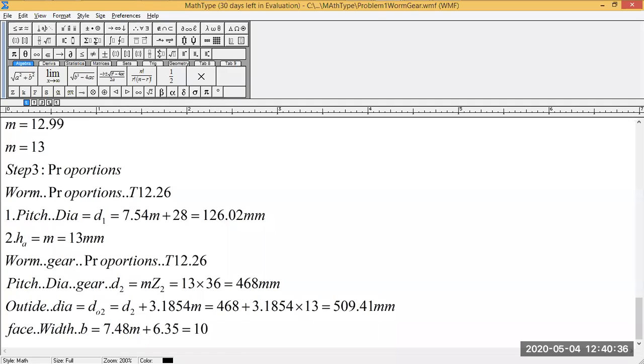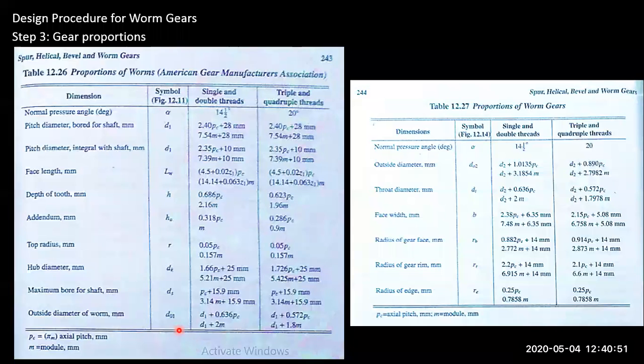This comes around 103.99. B we will take henceforth wherever asked. So that's enough for the key dimensions. Let's move on to the next step.